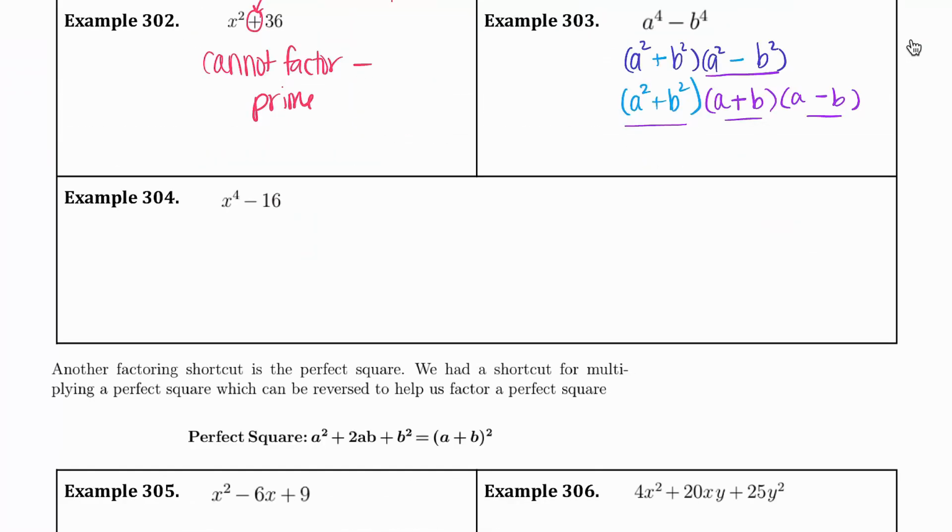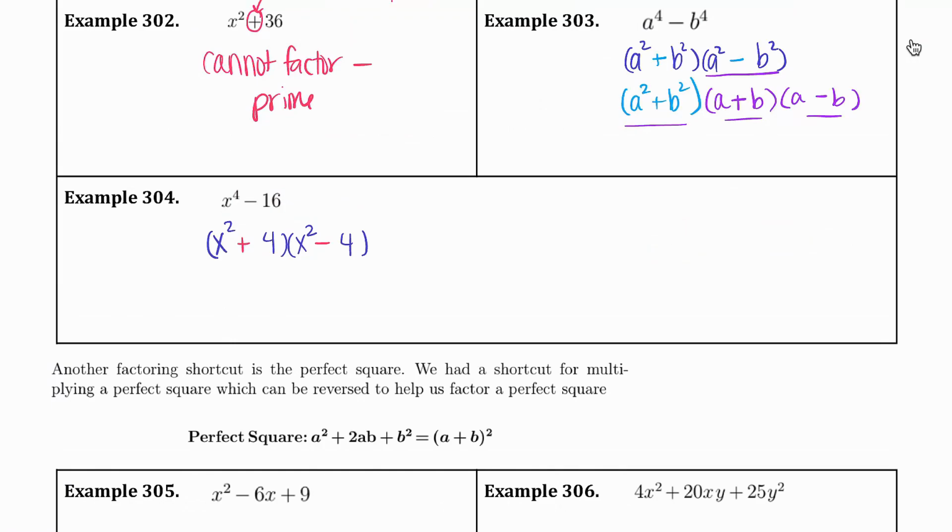And then one more that's similar to that is x to the 4th minus 16. Again, may not look initially like perfect squares, but it is. So if we take the square root of x to the 4th, we get x squared. If we take the square root of 16, we get 4. One's going to be plus, one's going to be minus.